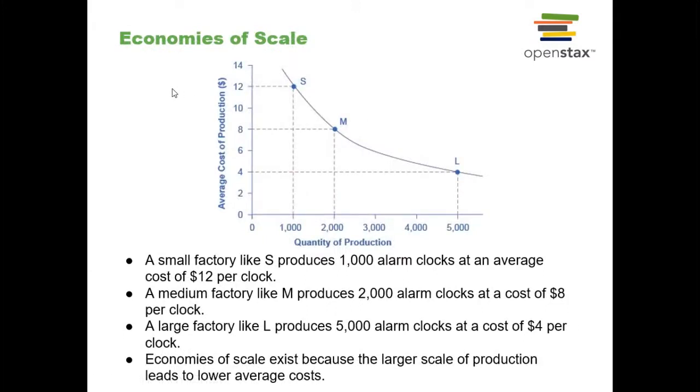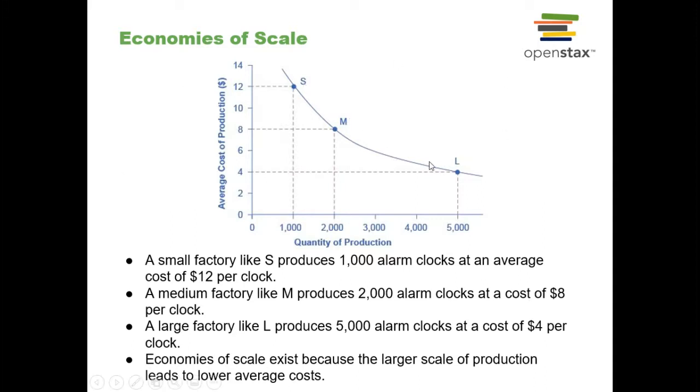How firms can combine things creates what we call economies of scale. Small producers, think like a local brewery or a mom and pop shop, have high average costs. So they tend to charge higher prices.